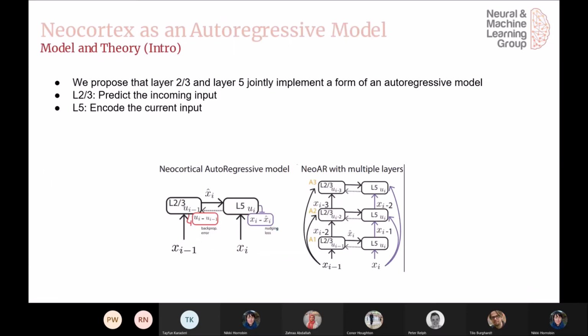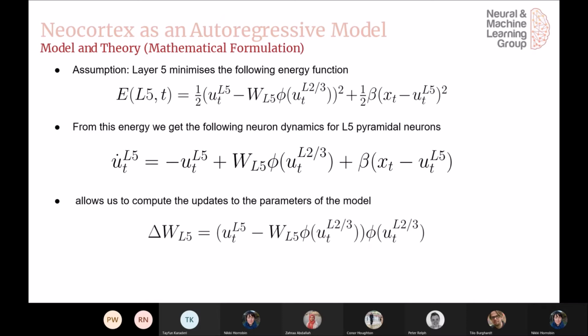Okay, so our theory says that layer 2-3 and layer 5 jointly implement a form of autoregressive model. In the sense that layer 2-3 predicts what's going to happen, and then layer 5 provides the outcome, and then we see the error. You can formalize it mathematically using an energy function. With this energy function, you could say that layer 5 is trying to minimize this energy function.